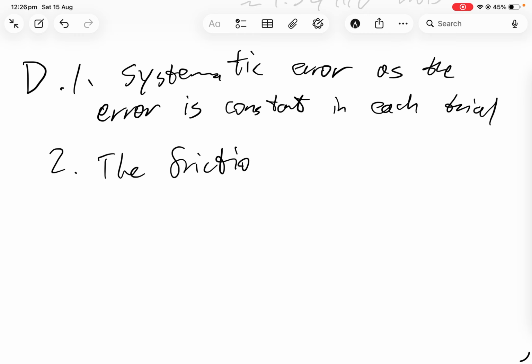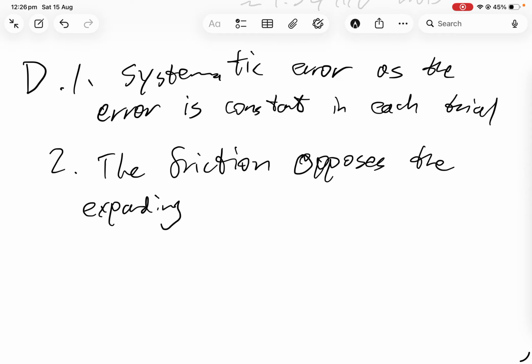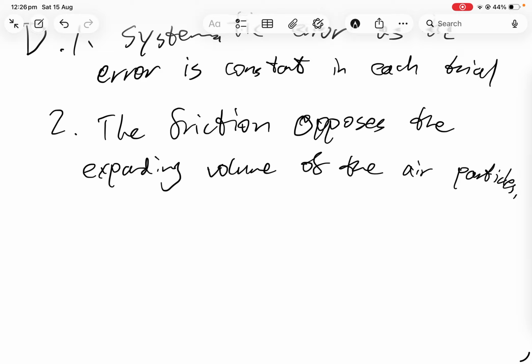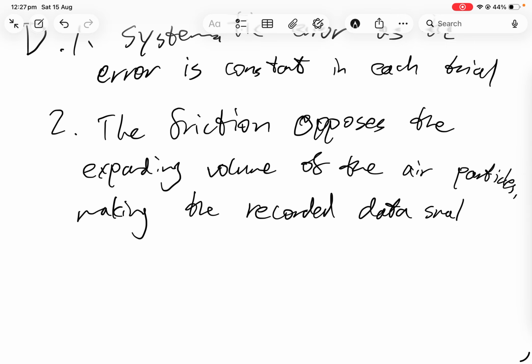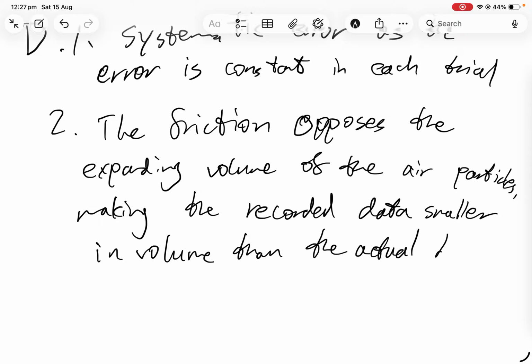The friction opposes the expanding volume of the air particles, making the recorded data smaller in volume than the actual data.